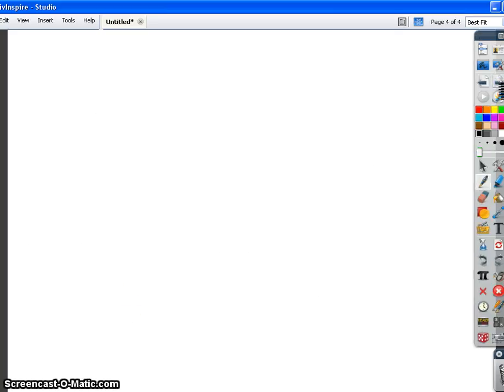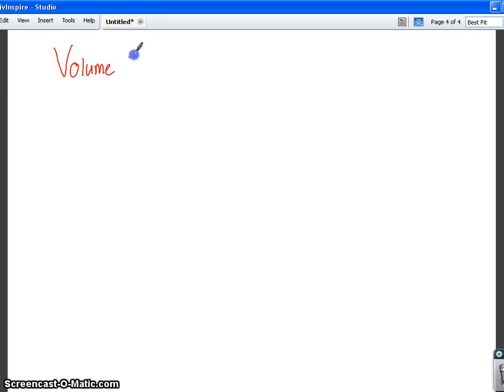Okay? Now, let's look at a very, very related term, volume flow rate. And volume flow rate is exactly equal to mass flow rate. We just manipulate the equation around a little bit. So let's look at our equation here.